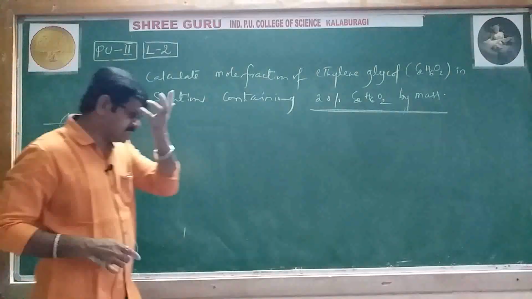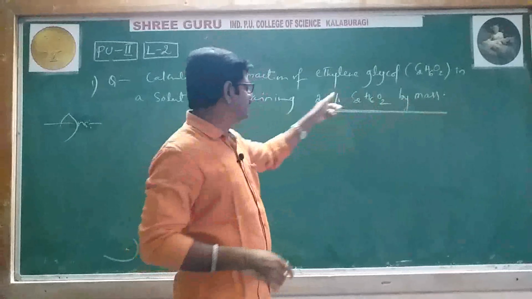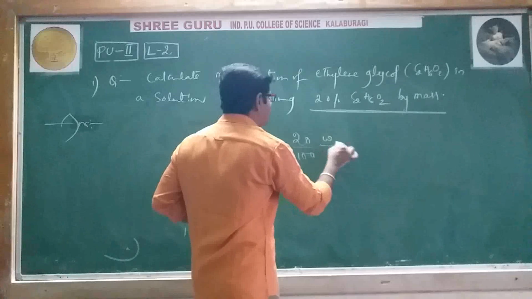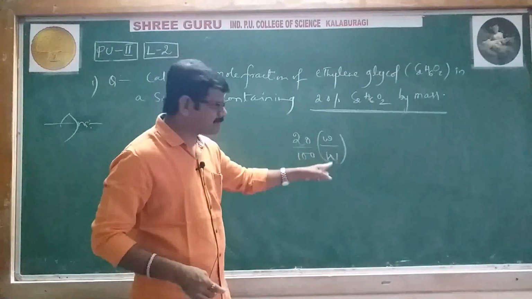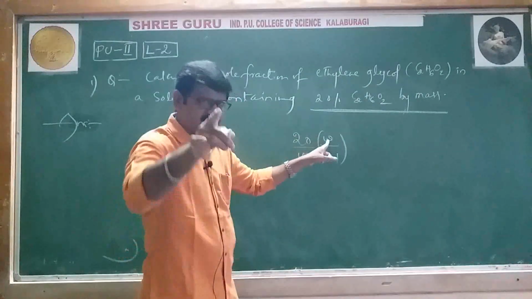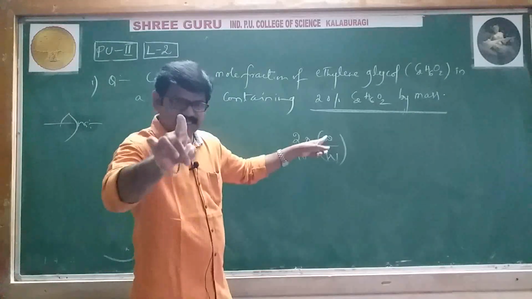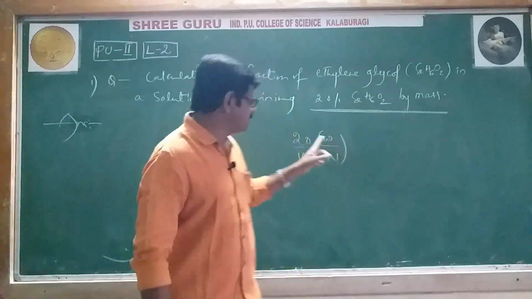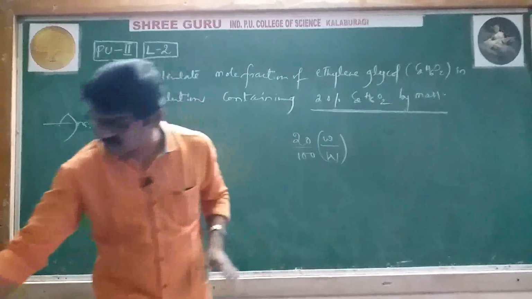Just now I explained, 20% by mass is nothing but W by W. 20% W by W means 20 by 100, W divided by W. Both are masses only. Here 20% ethylene glycol means 20 grams of ethylene glycol is present in 100 grams of solution.